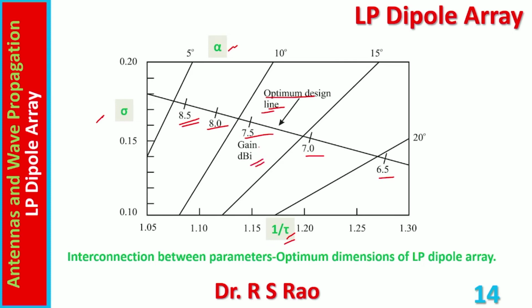The purpose of this diagram is, if you want, let us say, an array that exhibits a gain of 8 dBi, then what should be alpha, what should be sigma, what should be tau? All that information one can read from this diagram. So it is highly useful for a design engineer.